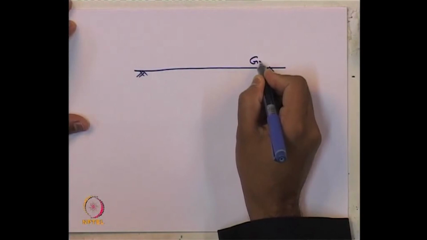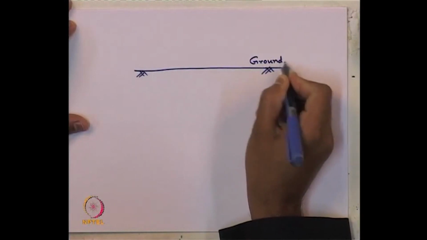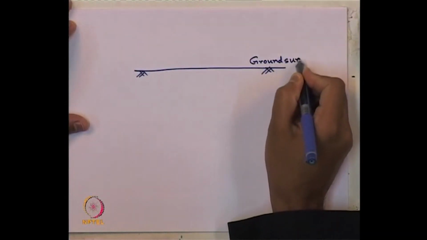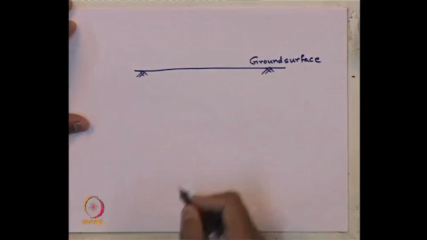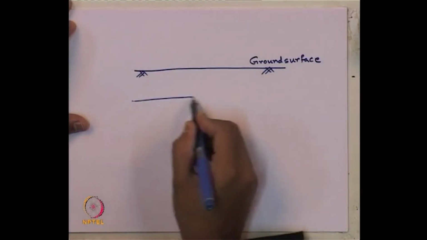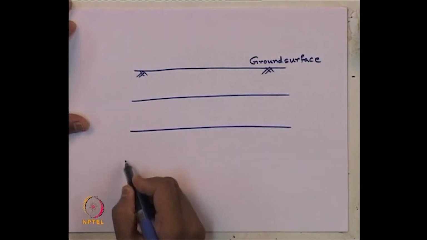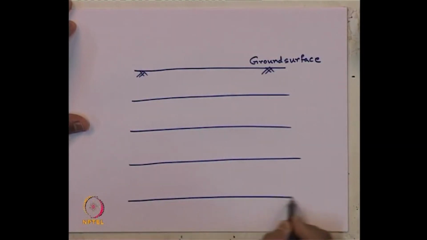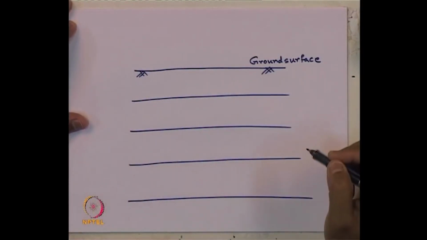This is the ground surface we are taking, and say we have several layers below it, which is quite typical and quite obvious.